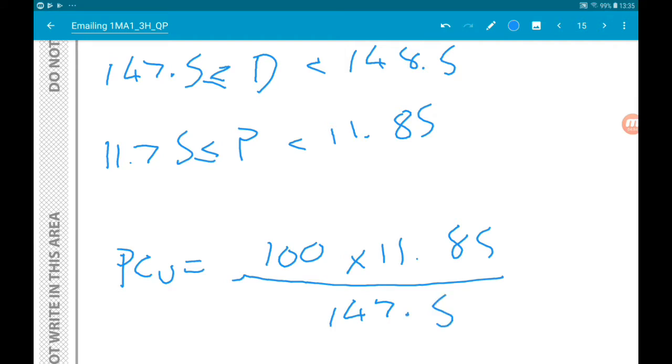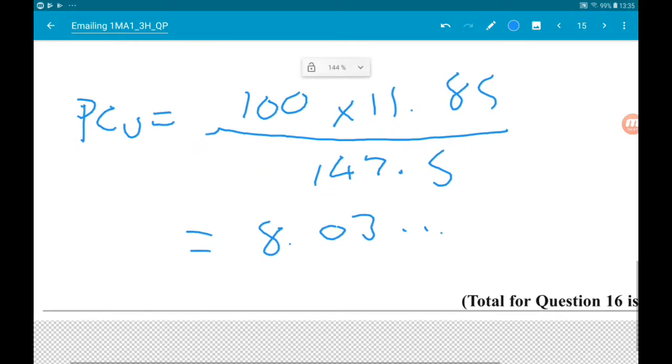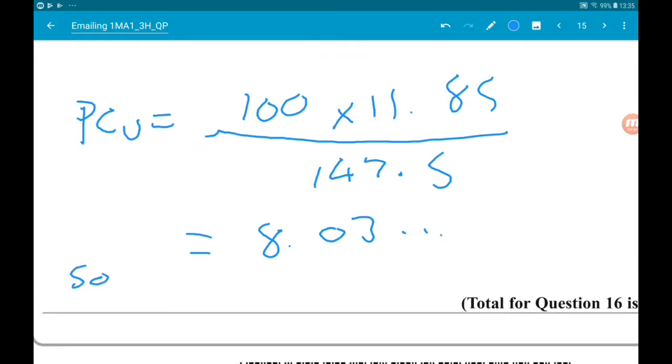Now, if you stick that in your calculator, you will get 8.03 blah blah blah. So, yes, he could be wrong.